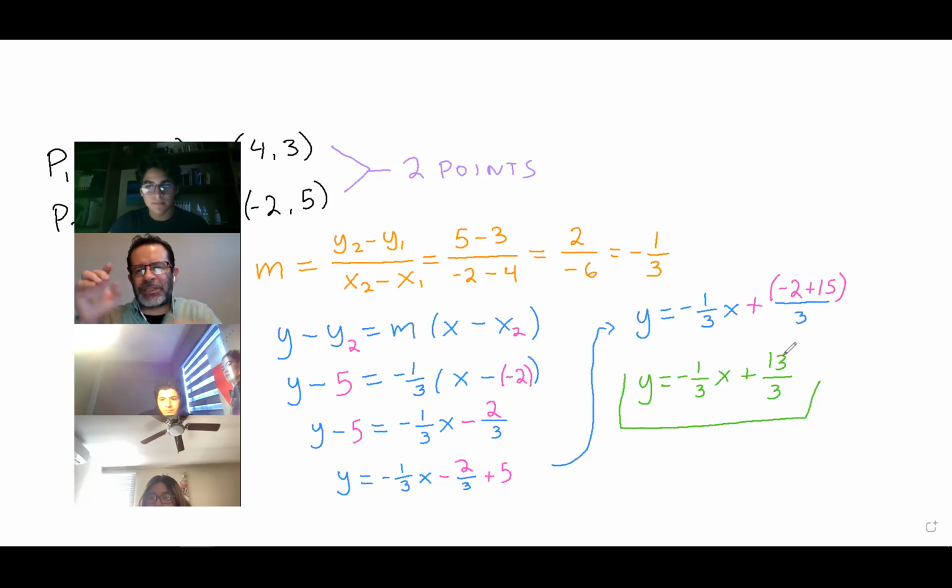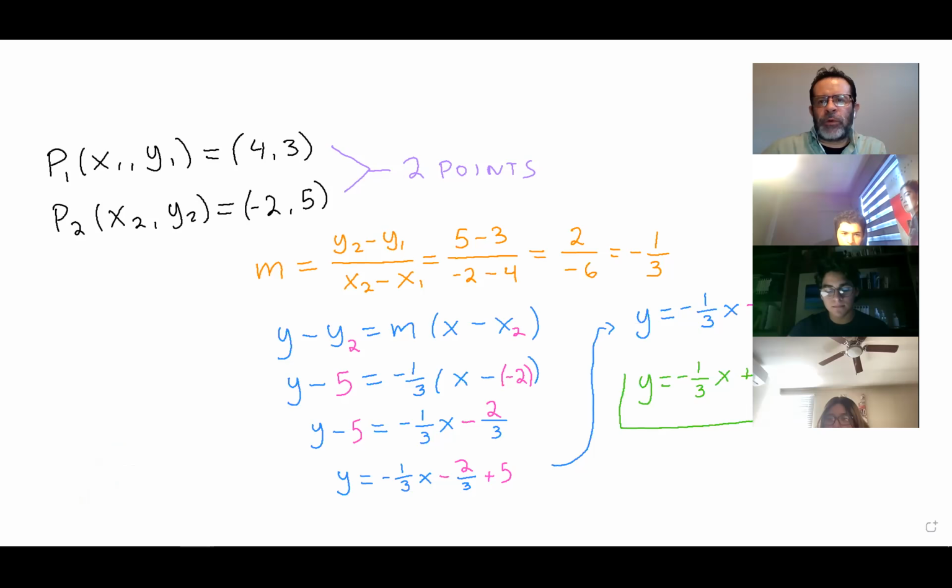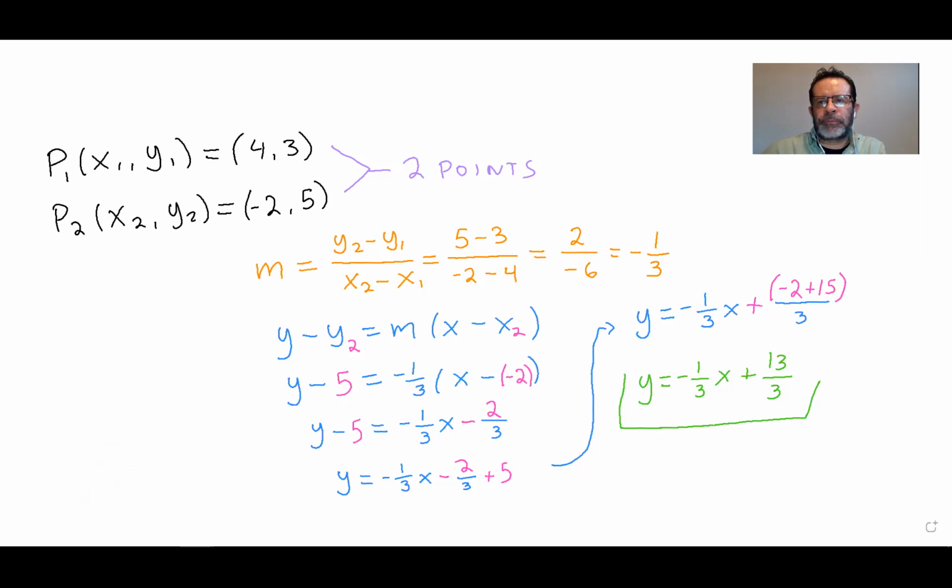Okay. So I just did this to demonstrate that if we have the slope and the 2 points, we could use whichever point to calculate the equation and we're going to get the same thing. And the thing to remember here, important, that I mentioned a few minutes ago, is that to represent an equation for a line, we're always going to need 2 things: either the point and the slope, 2 points, or the slope and the intercept with the x-axis.